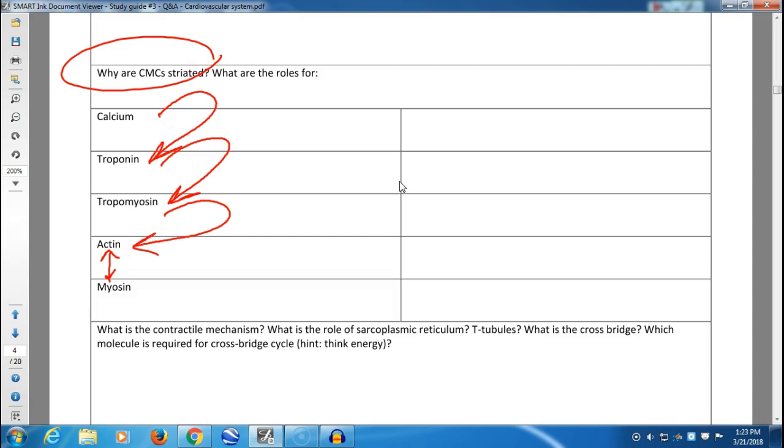When it is broken down, the cross bridge cocks back, and when ADP and phosphate are released, it slides the filaments. In order to detach the myosin molecule from actin, myosin has to interact with what? Again, ATP, right?